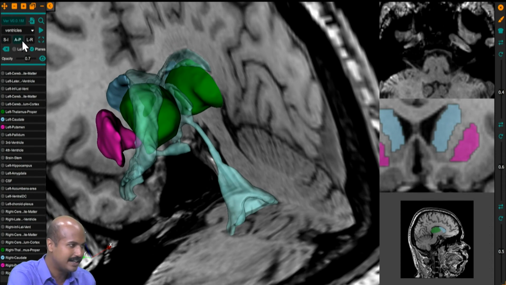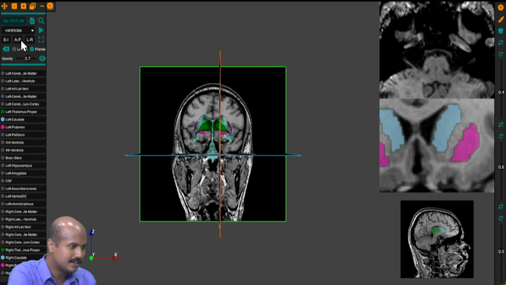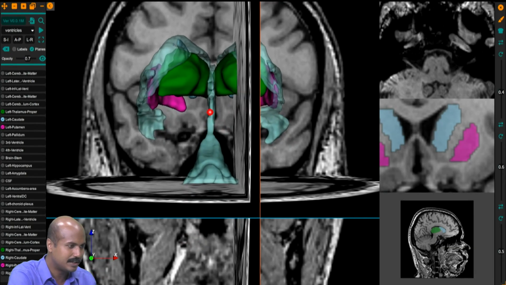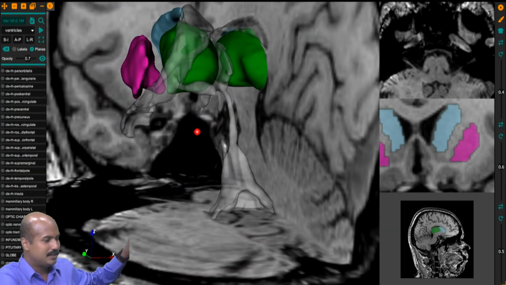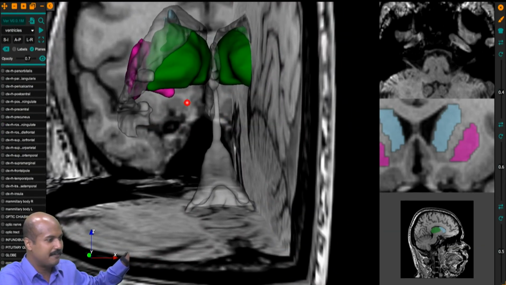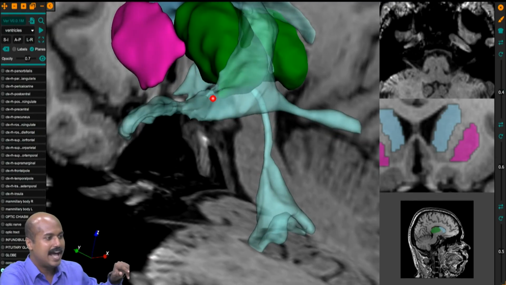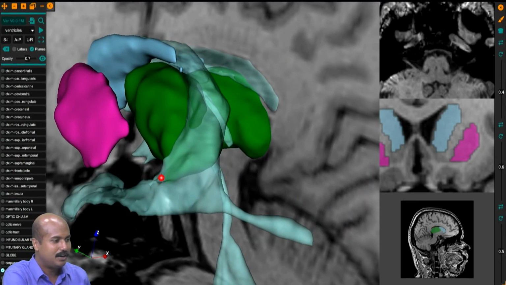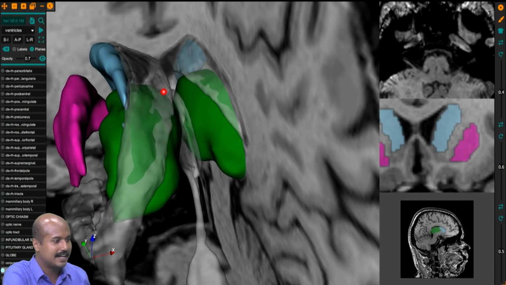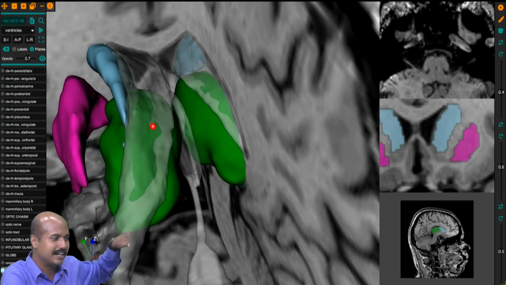Let me just orient it in an anterior-posterior view. Now just have a look how the two thalami are very close together. In between that you can see the slit shaped third ventricle, which was described before, and you can see the body of the lateral ventricle.